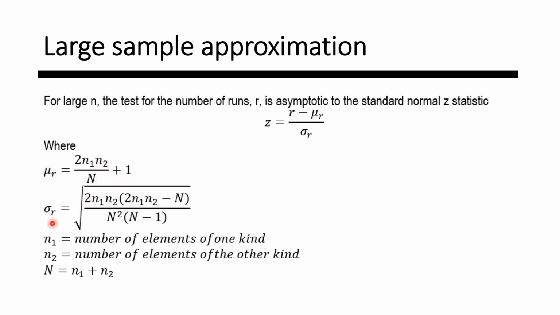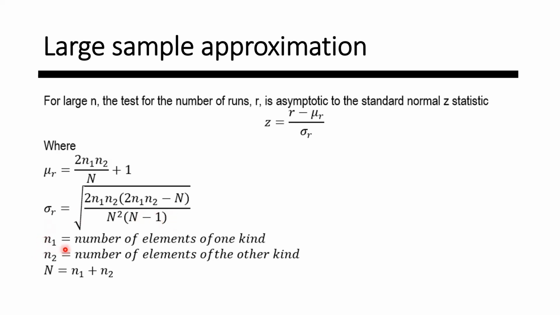And the standard deviation of R is equivalent to the square root of 2 times n sub 1 n sub 2 times 2 times n sub 1 n sub 2 minus capital N all over capital N squared times capital N minus 1.